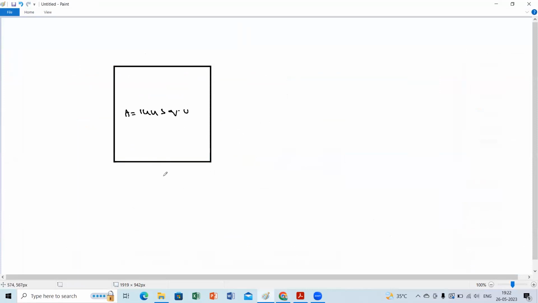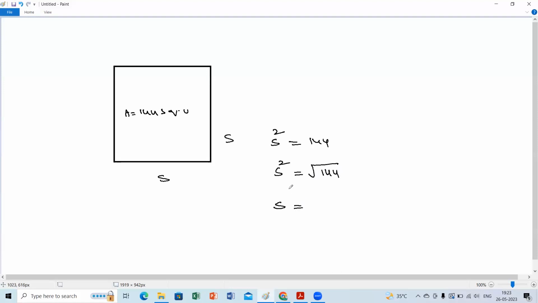So if you want to find out the side, side square is equal to 144. S square is equal to, how will you write, children? 12 into 12, okay. Or else the square root of 144, right? The square root is vice versa.